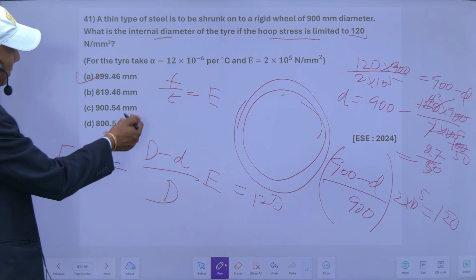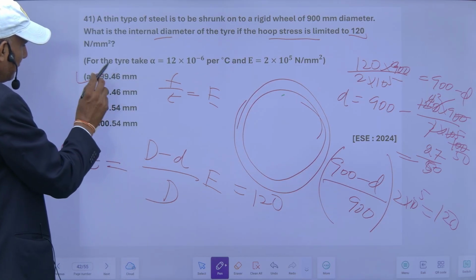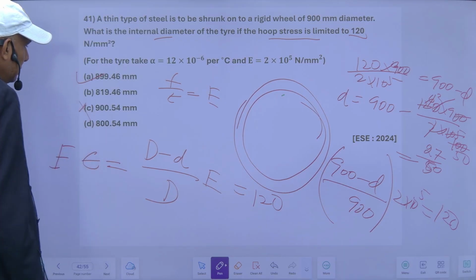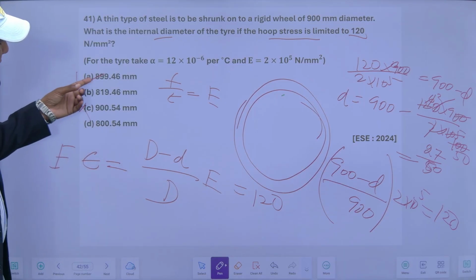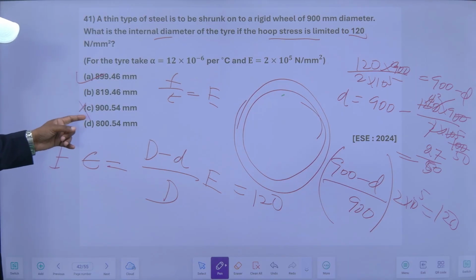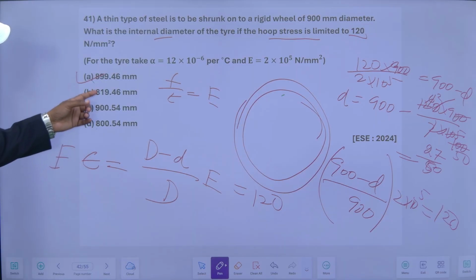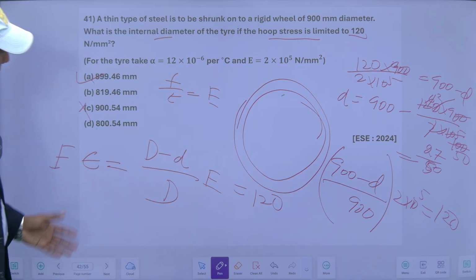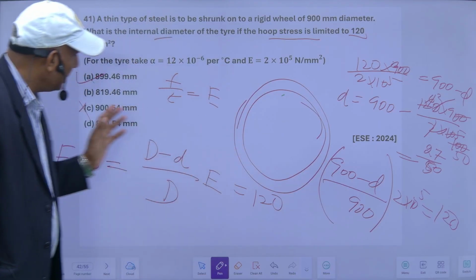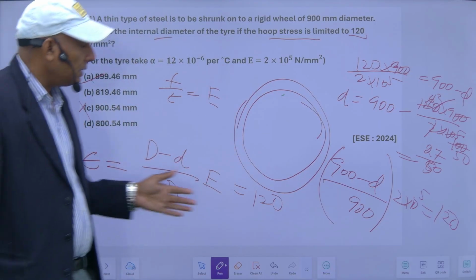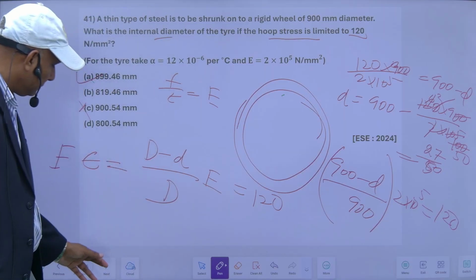It cannot be more than 900. So it will be approximately very near to 900. So this is the answer. These values have more difference, so logically you can tick this one without doing the calculations.